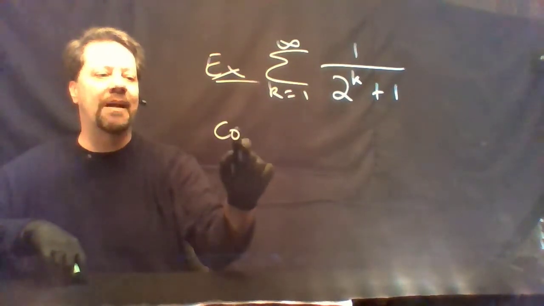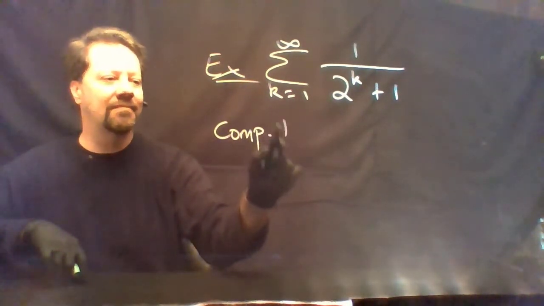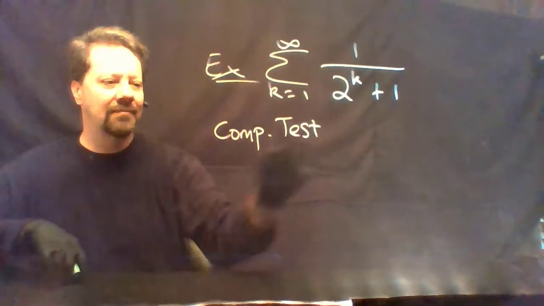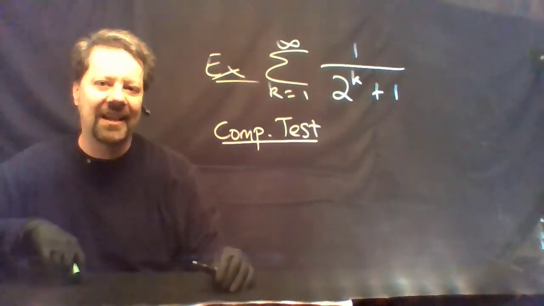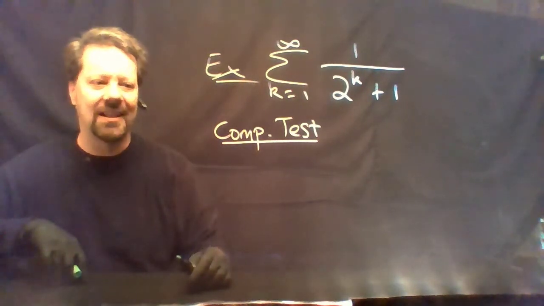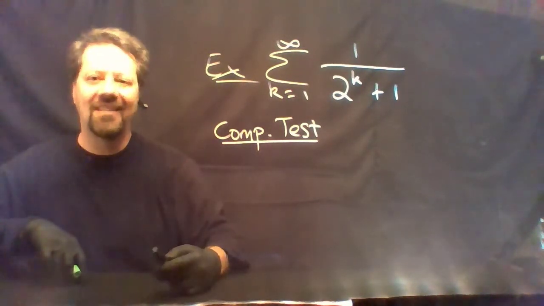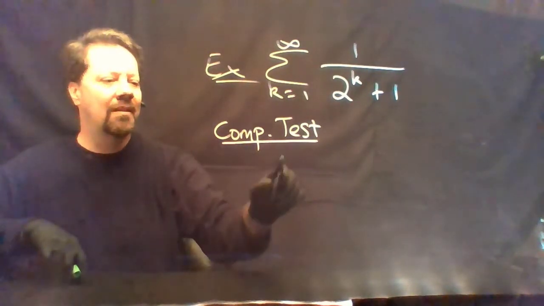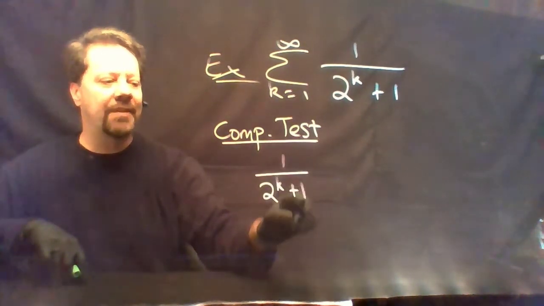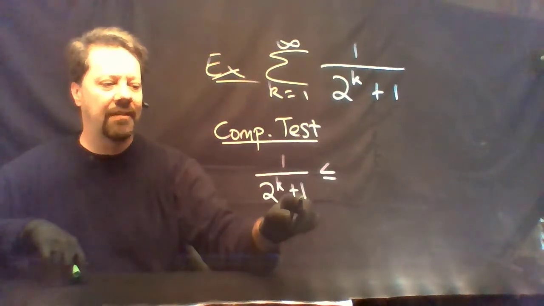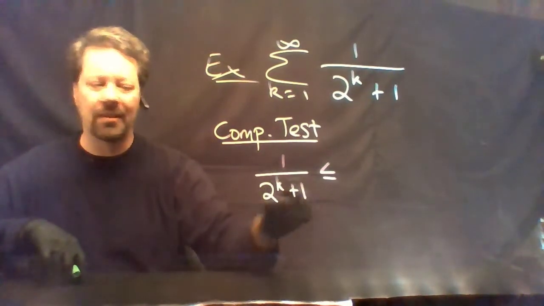So we'll use the comparison test. That's a short way of saying the direct comparison test. Sometimes we just call it the comparison test. And we'll note that if we make a denominator bigger, that makes the fraction smaller.